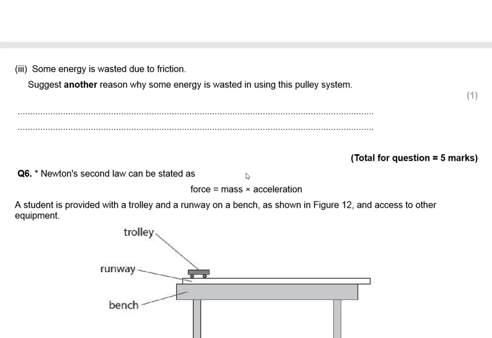Okay. All right. Now this is a question that many of you did indeed mess up. Some energy is wasted due to friction. So friction is taken, completely. Energy is lost by friction. Done. Now suggest another reason why some energy is wasted.